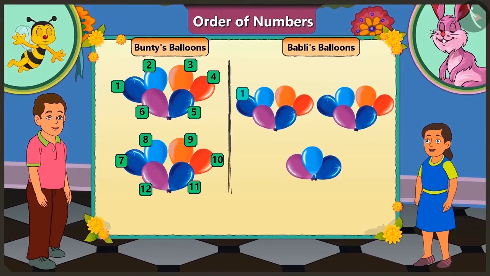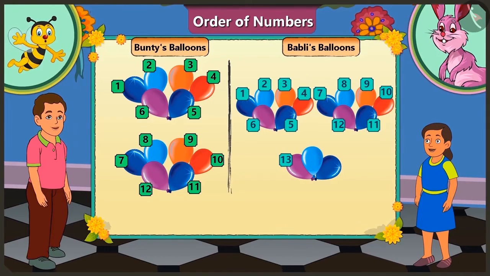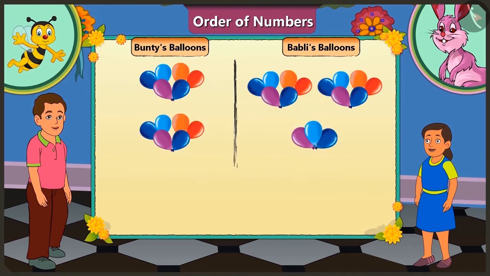And Bubbly has 1, 2, 3, 4, 5, 6, 7, 8, 9, 10, 11, 12, 13, 14 and 15 balloons.